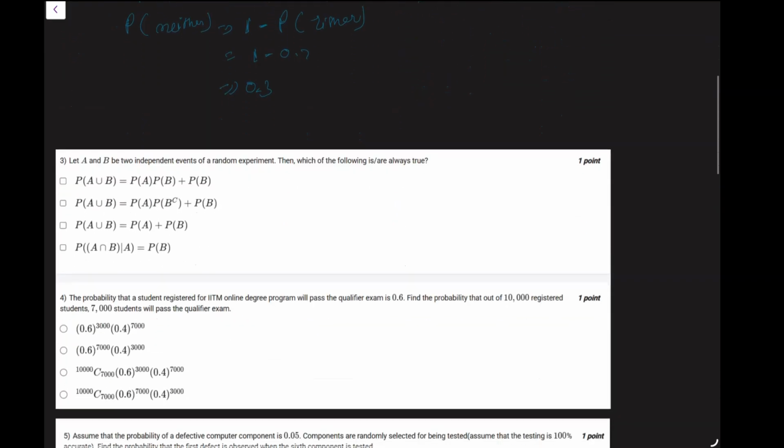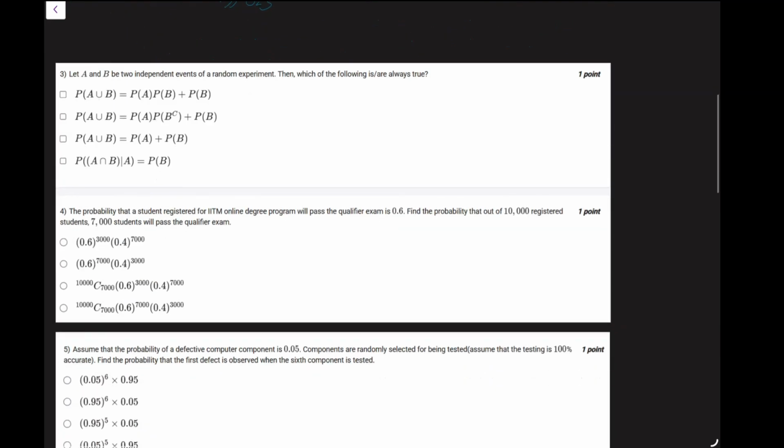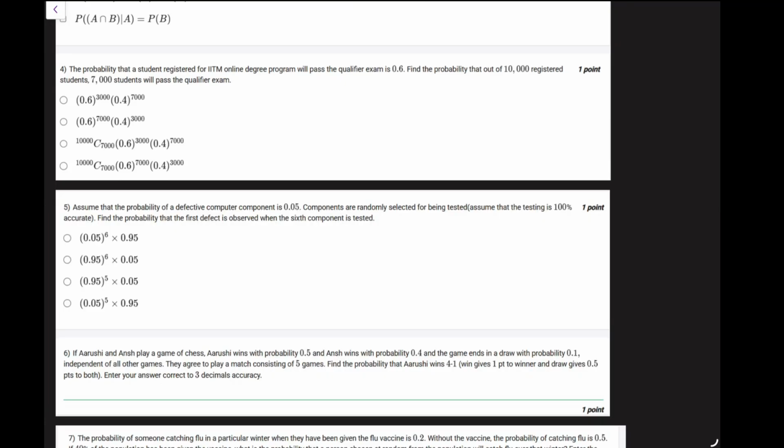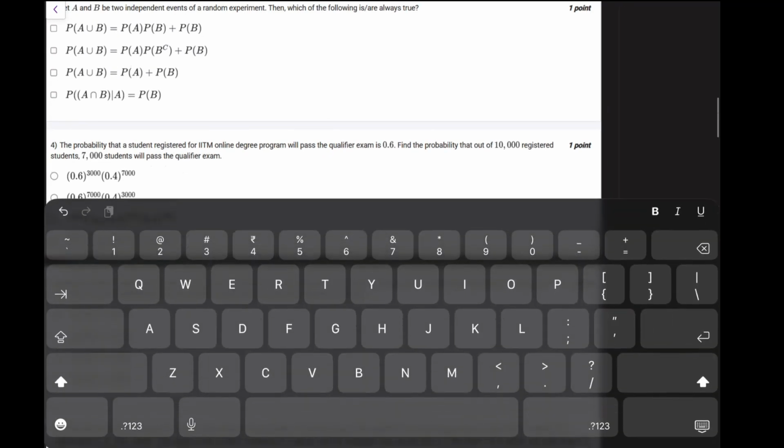Now, if you want probability of getting neither, in that case, this will become 1 minus probability of getting either. And what is the probability of getting either? It's 0.7. So your answer is 1 minus 0.7, which is 0.3. I hope that makes sense. It's a very straightforward question. There is no complexity as such, just using formulas to solve this problem.